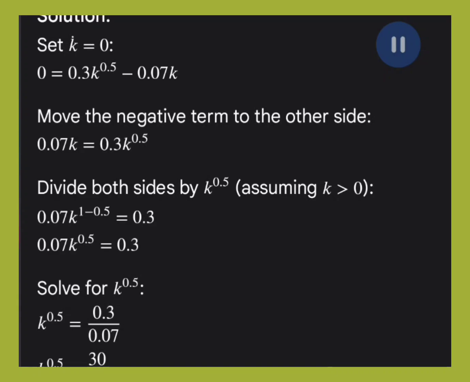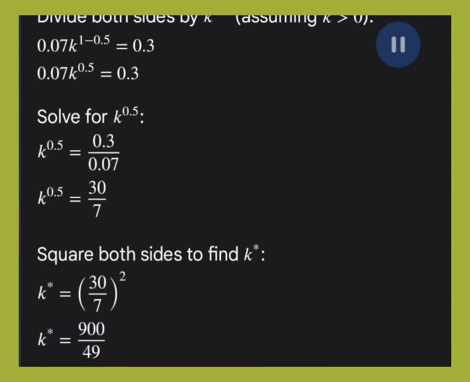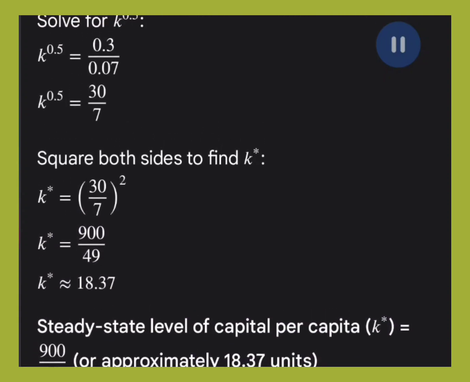K to the power of 0.5 equals frac 0.3 over 0.07. K to the power of 0.5 equals frac 30 over 7. Square both sides to find K star. K star equals left frac 30 over 7 right squared.